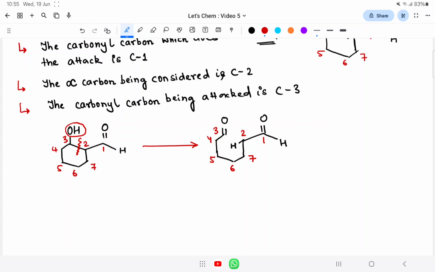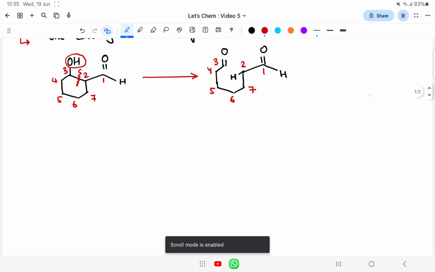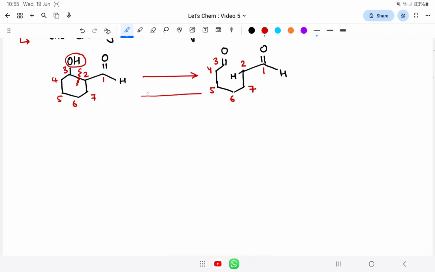Now comes an important part. We are going to do an intramolecular Aldol reaction here, followed by condensation for sure, and we are going to study the mechanism behind it. So let's put the heading. We are going to study the mechanism of this reaction.